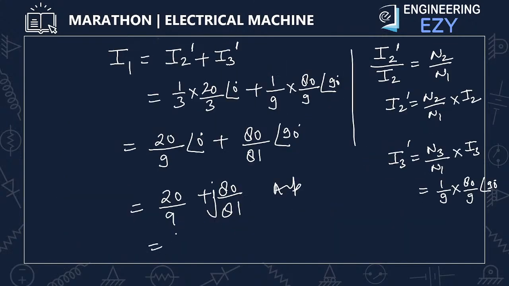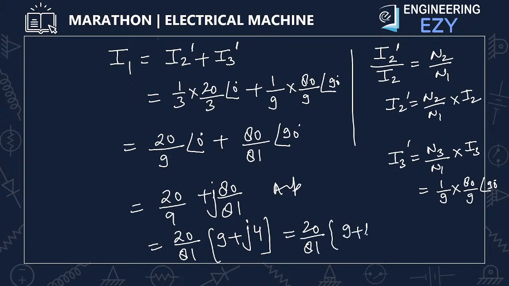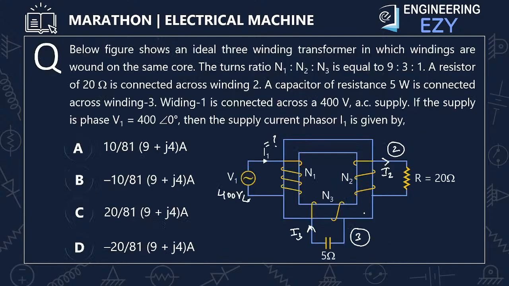If you take 20 by 81 common, it is 9 plus j4. So the correct answer is 20 by 81 bracket 9 plus j4. This is the correct answer. Option C is the correct answer.